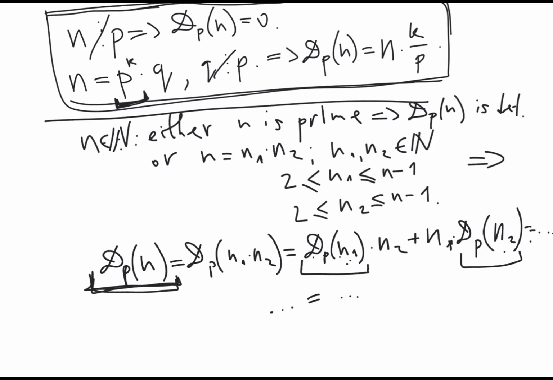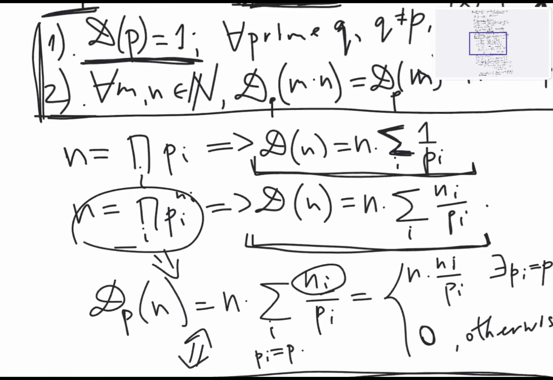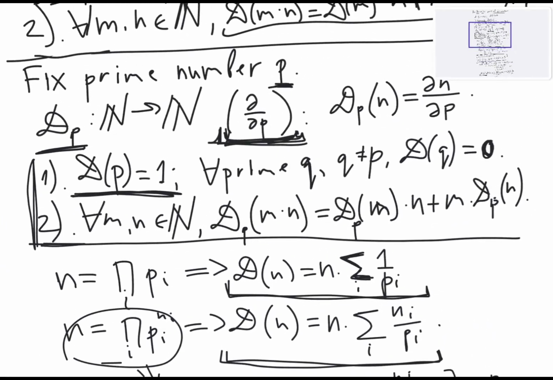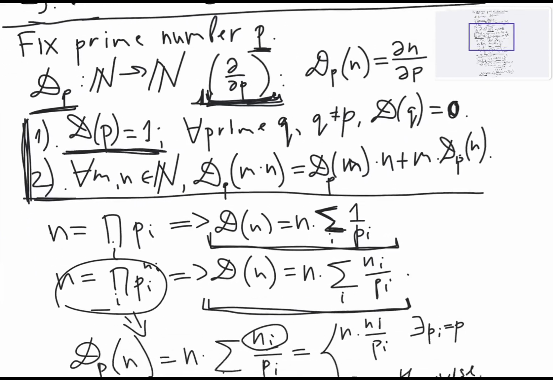All of this proves that the partial derivative is defined fully by these two properties. This is a similar argument, by the way, to the full arithmetic derivative.